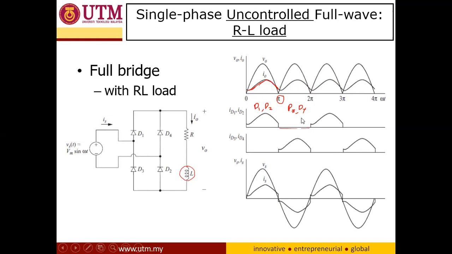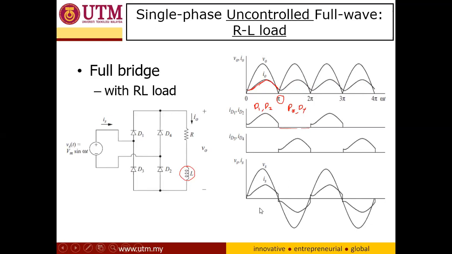So the energy will be discharged through the load and also the voltage source through D3 and D4. And this cycle will repeat again and again.